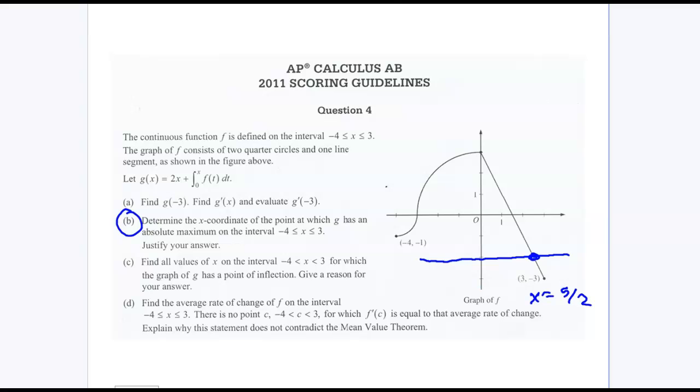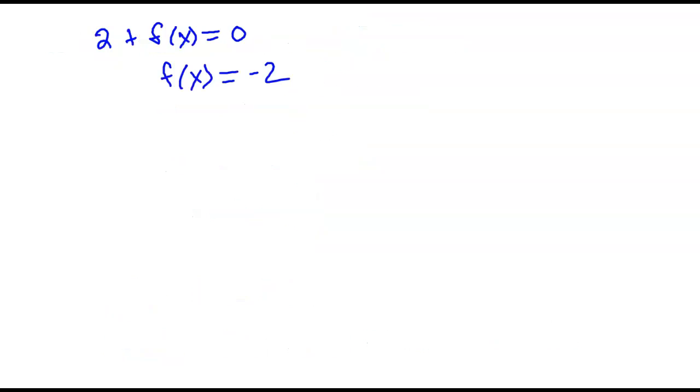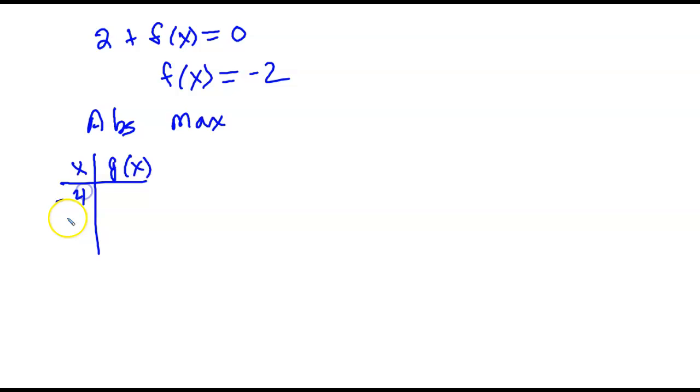So therefore, my absolute maximum is either going to be at my left endpoint, I'll just make a table of values here, when x is negative 4, at the critical number of 5 over 2, or at 3.